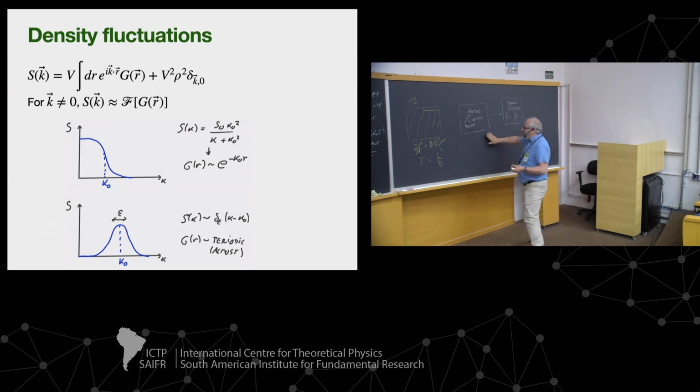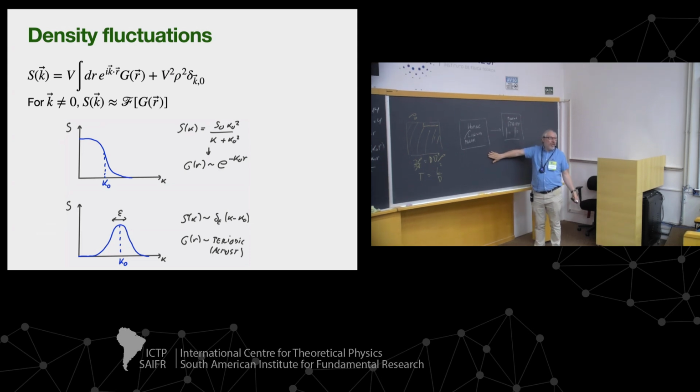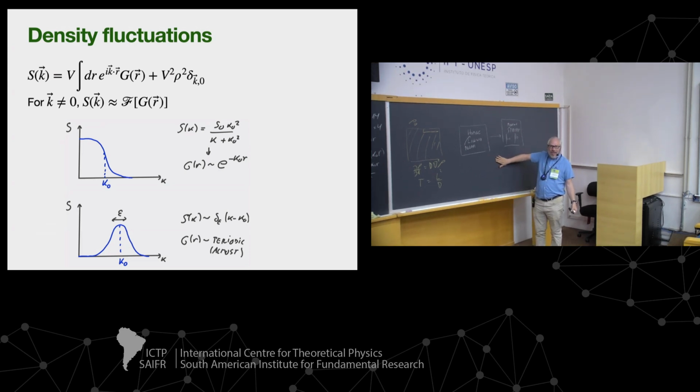This is the case of the Bishop case. In the Bishop case, if you compute the structure factor, you're going to get something like this, which is a delta, but I put an epsilon, it's a wide delta centered on k0. And if you Fourier transform that, it's something that is almost periodic.